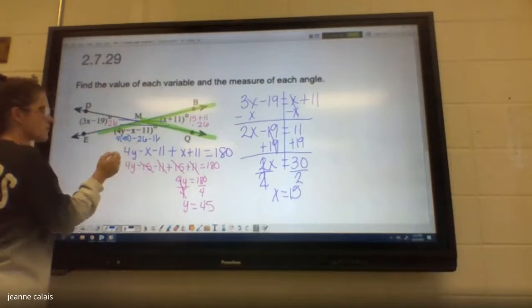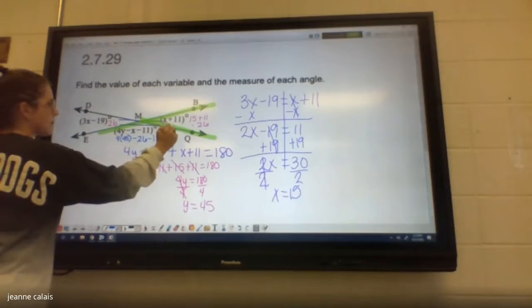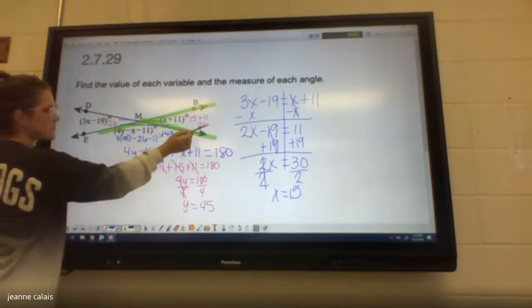So let's see real quick. 4 times 45 minus 26 minus 11, 143. I did something wrong. Oh, y'all see my mistake? Y'all see what I did? I saw this 26.